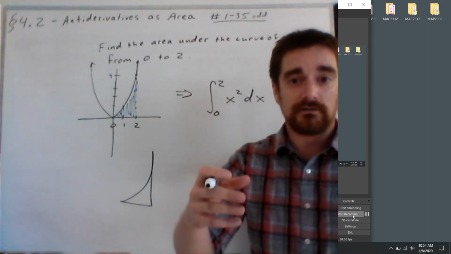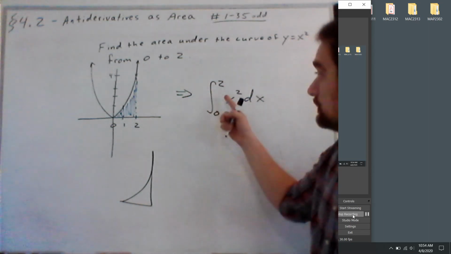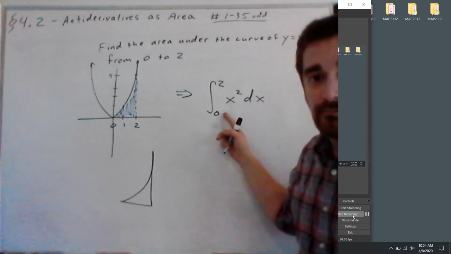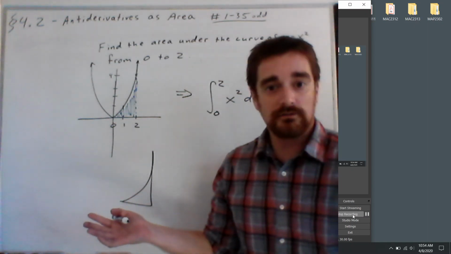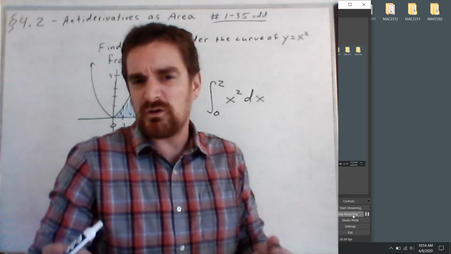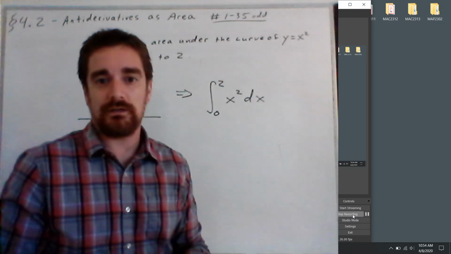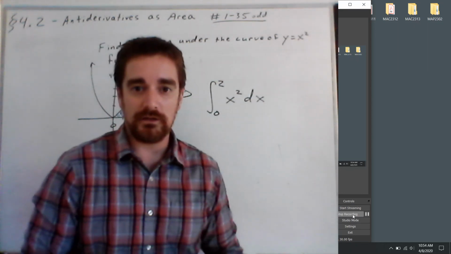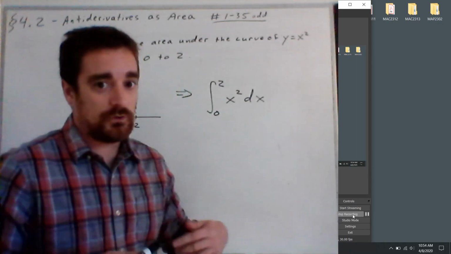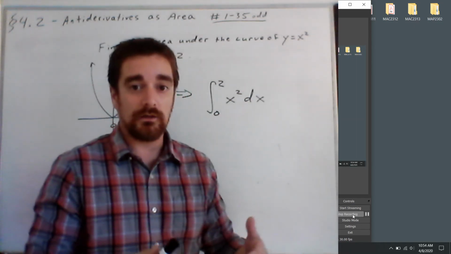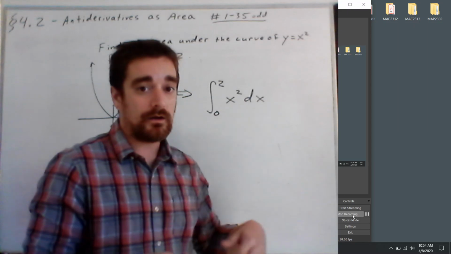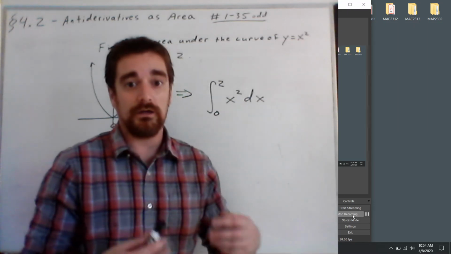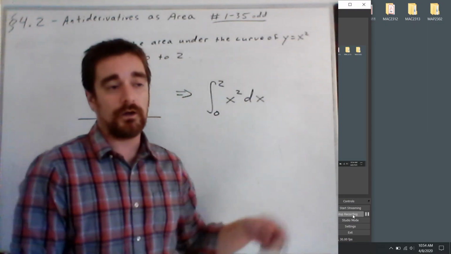If you can find an antiderivative and plug these numbers in, with your calculator by your side, you'll get a nice answer out of it. Now, if it's a really weird fraction that deals with things like e or pi, then your calculator is going to leave you hanging with a decimal approximation. But if you do it by hand, it might take a little effort, but it's still very mechanical, and you'll get the exact area every time using integration.